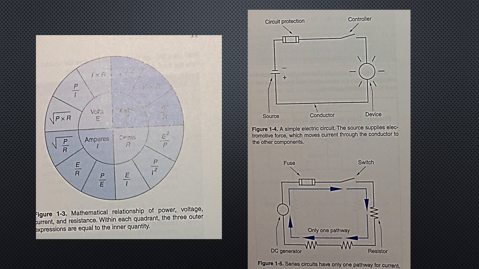The conductor, most often a wire, carries the current from the source to the device and back to the source. Other components found in a circuit are controllers, such as switches, and circuit protection, such as a fuse or circuit breaker. A very basic circuit is shown in figure 1-4, shown on the screen in the middle.